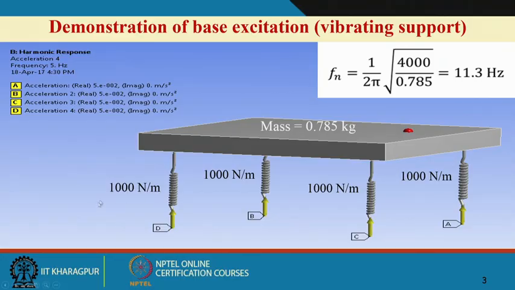This is just to give you an example, where there is a body of mass m supported on 4 springs, and then we have this mass of 0.78. So, effective k, and then we can find out the linear natural frequency.